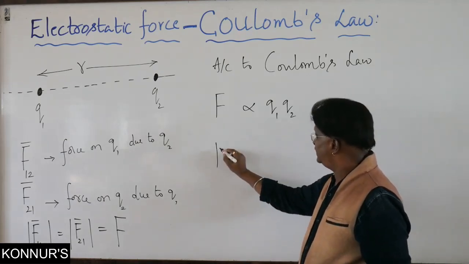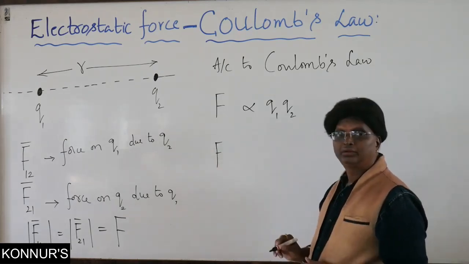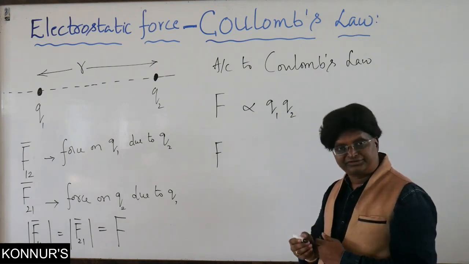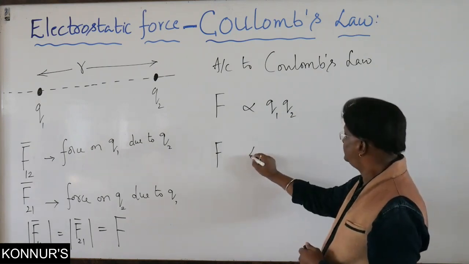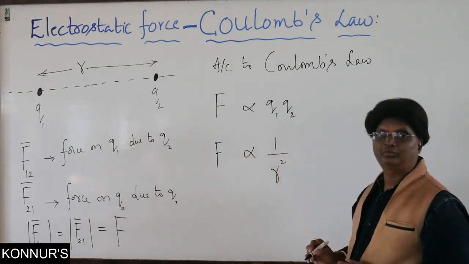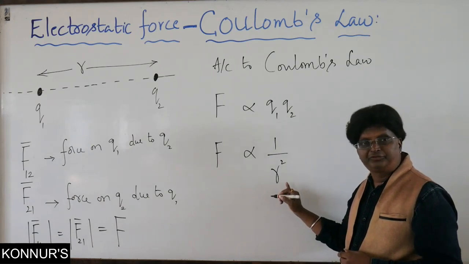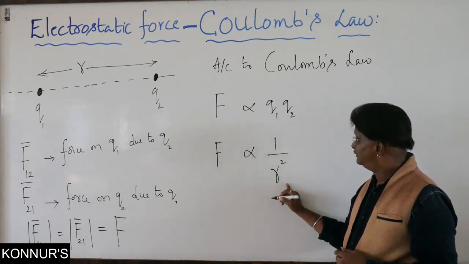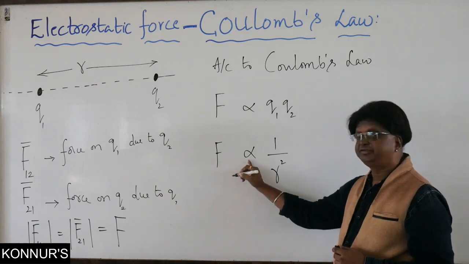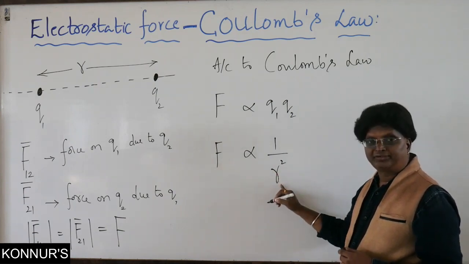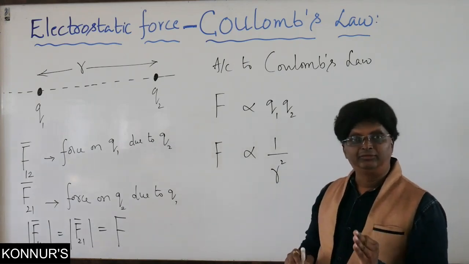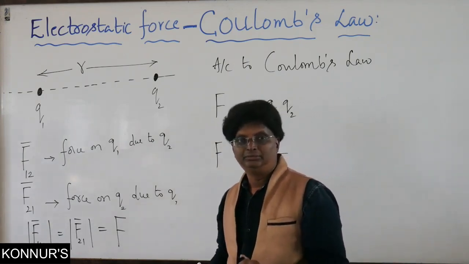And the second result, through very extensive observation, is that F is proportional to 1 by R square, if R is the distance between the two charges. Look at this: force is inversely proportional not to the distance but to the square of the distance, hence it is called the inverse square law.